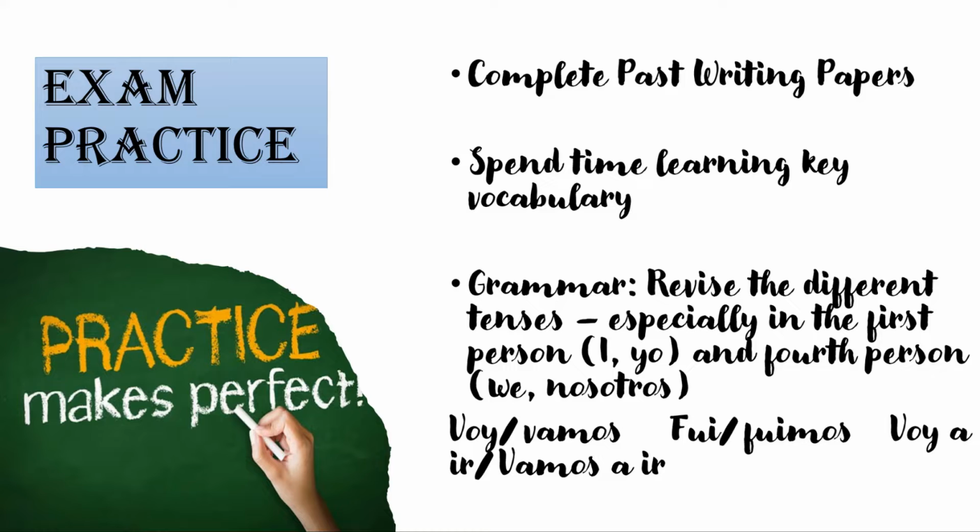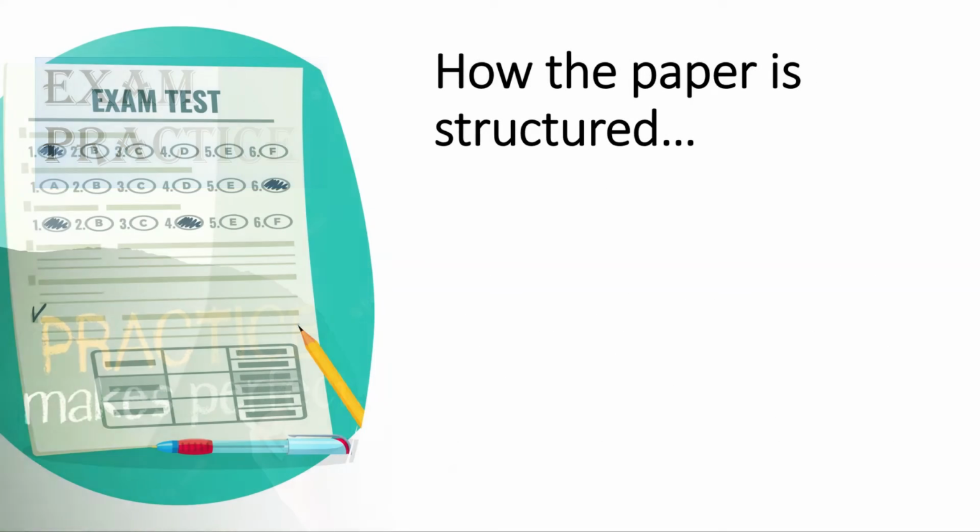So voy, present tense, I go, vamos, we go, fui, I went, fuimos, we went, and voy a ir, which is immediate future, I am going to go. Yeah, vamos a ir, we are going to go. So again, this is just a quick recap on those basic tenses.